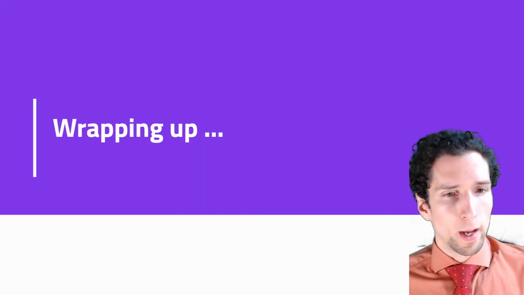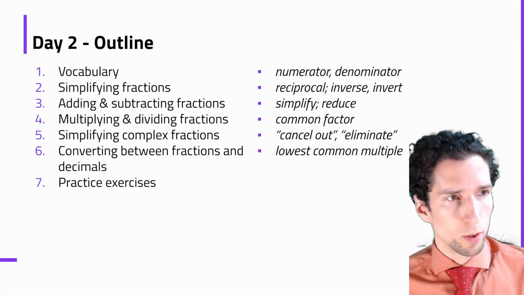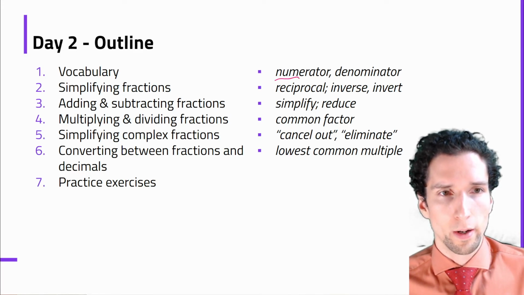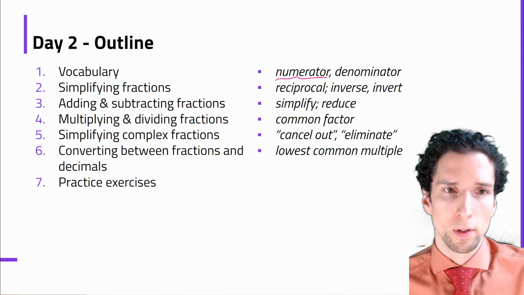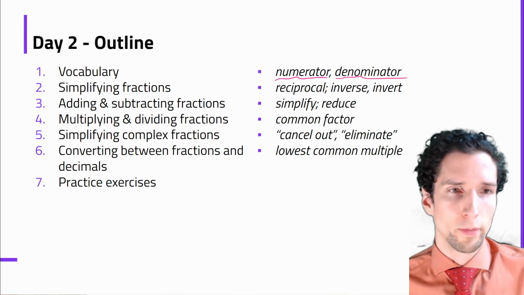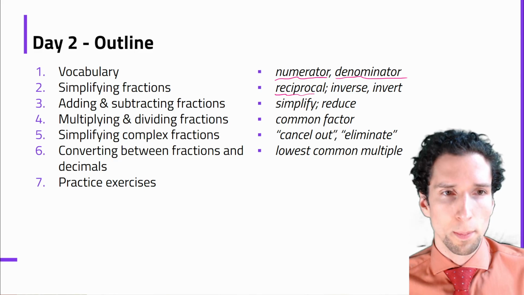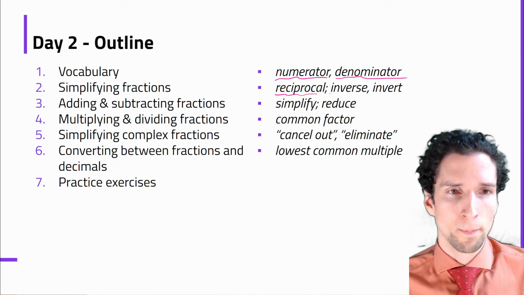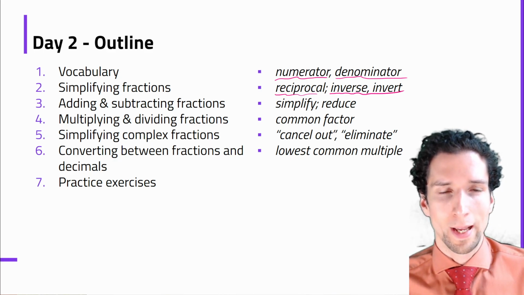Okay, wrapping up. So vocabulary we talked about today is here on the right. Numerator, top number, denominator, bottom number of a fraction. A reciprocal is a flipped over fraction, the opposite fraction, or more generally we have these words inverse and invert.